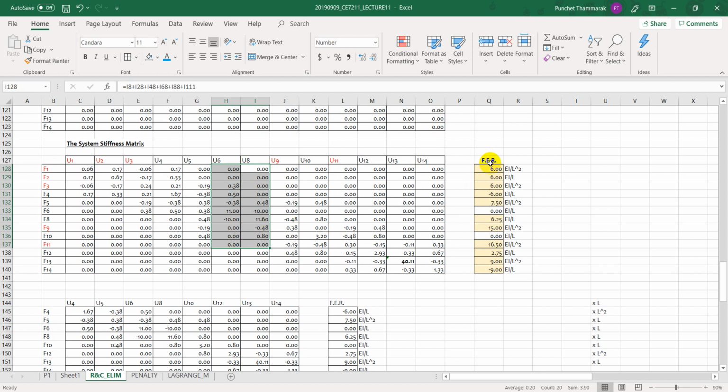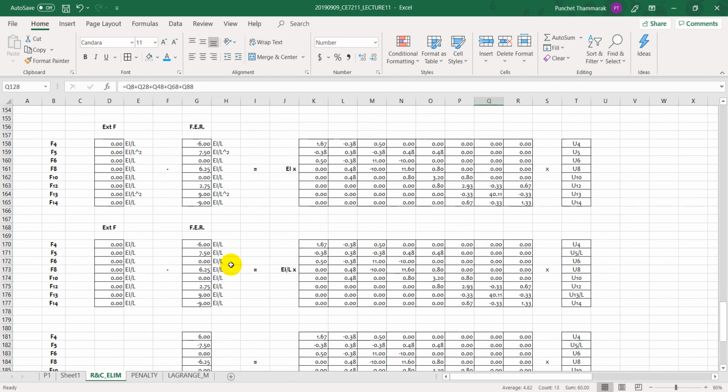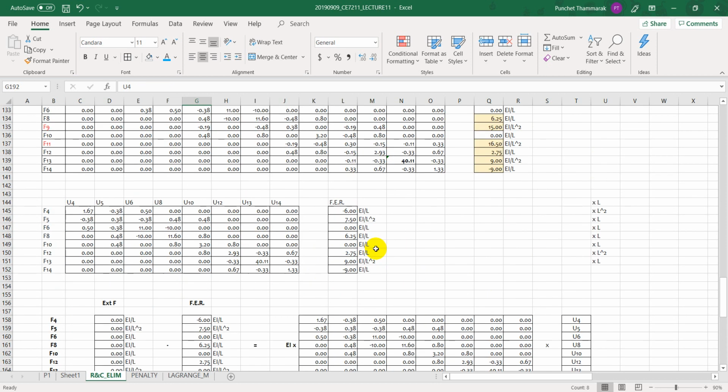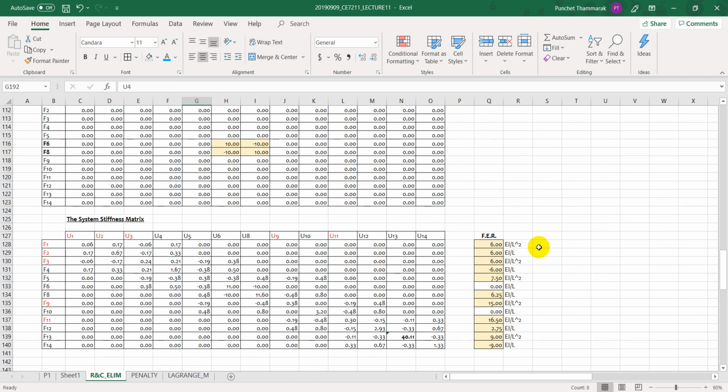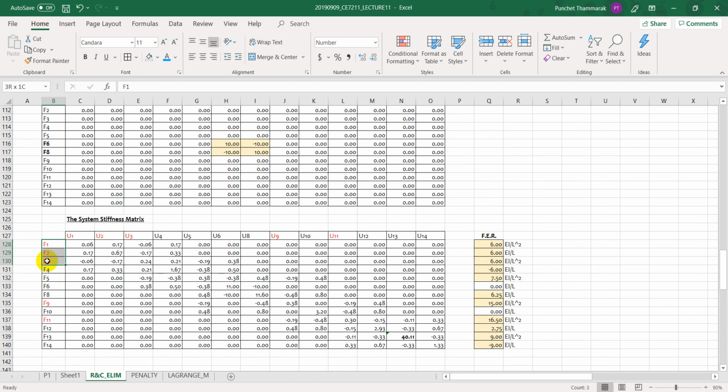You use this set of fixed end reactions. You substitute the U1, U2, U3 up to U14. That will be multiplied with this, added up with fixed end reactions, then you will get reaction forces and moments here. Yes, correct. It can be done.